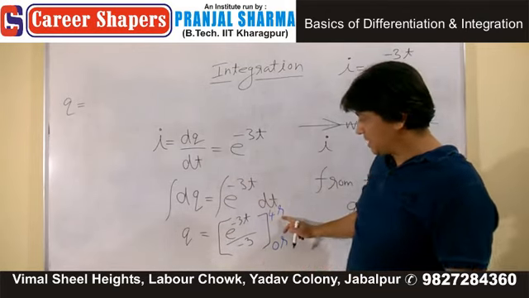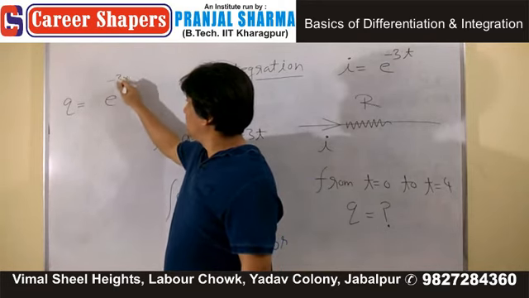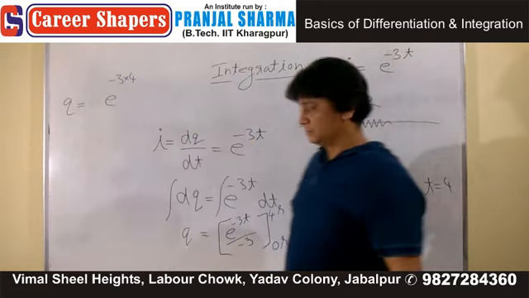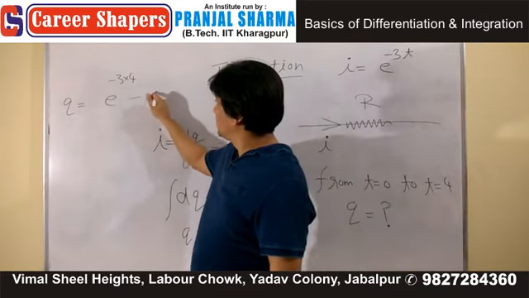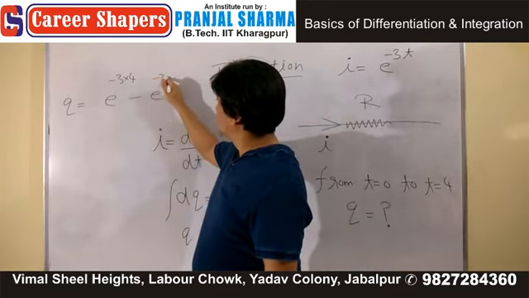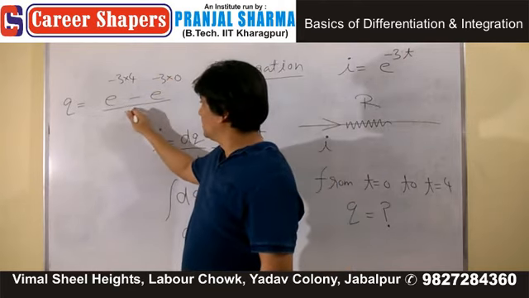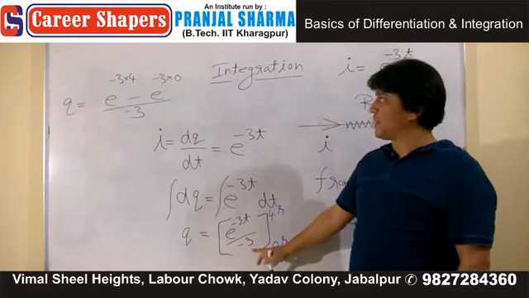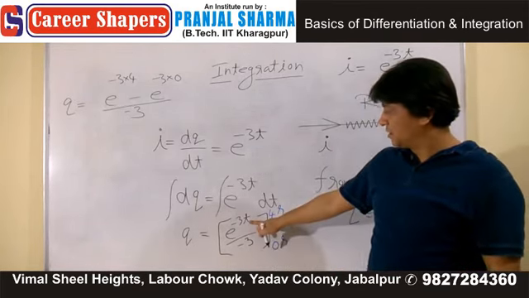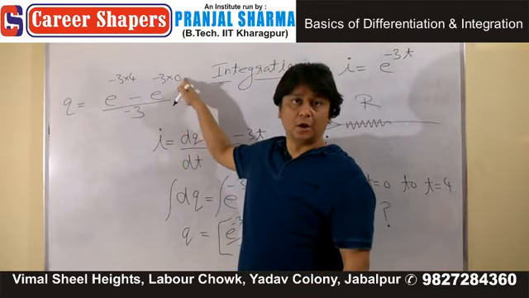First, write down the upper limit: e to the power minus 3 into 4, minus e to the power minus 3 into the lower limit 0, and the whole thing is already divided by minus 3. Upper minus same thing, lower.